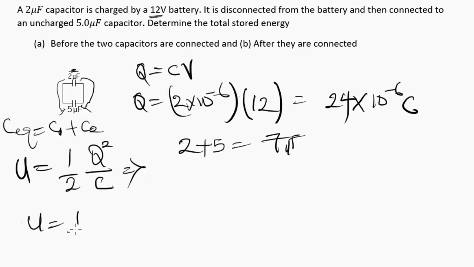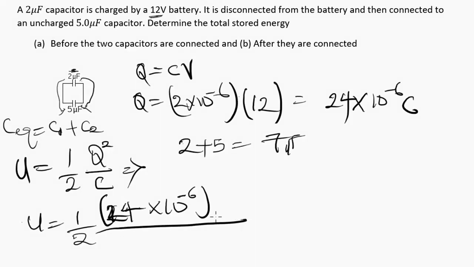Alright, since we have this, we can come back to this and then say the energy is now half, what's our Q again? So 24 microcoulombs, that's 24 times 10 to the power of minus 6 coulomb. Then this over 7 microfarads, 7 times 10 to the power of minus 6 farads.